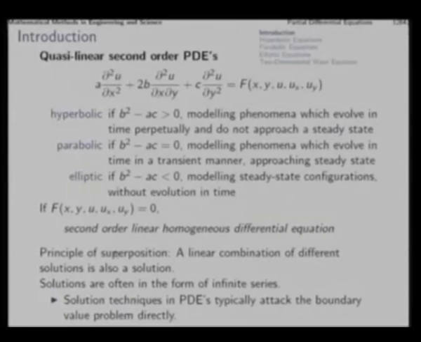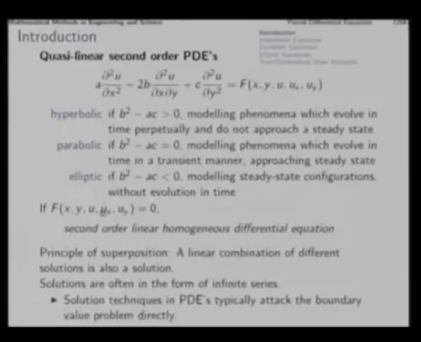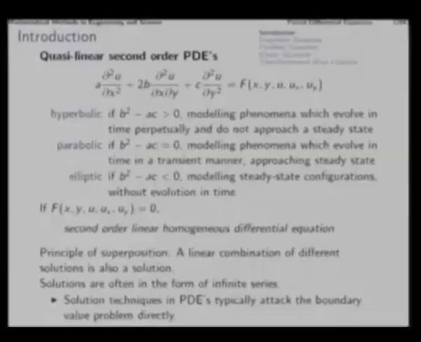the principle of superposition will hold, in the sense that if you have a good number of solutions of the corresponding differential equation, then any linear combination of them also will be a solution to the differential equation because of the homogeneity. And as we see further, quite often the solutions that we will get will be in the form of infinite series.